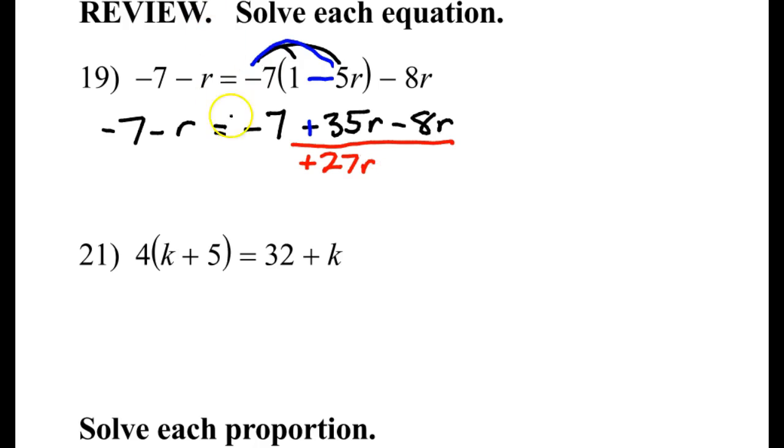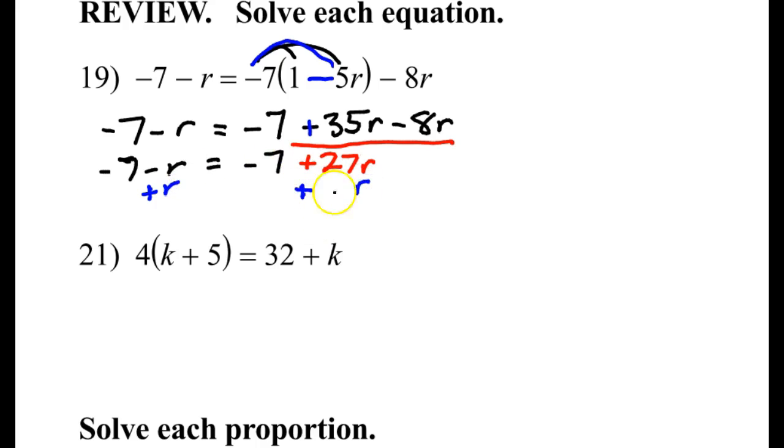Bring down everything else. Solving this, you can do it two different ways. Let me just add r to both sides.